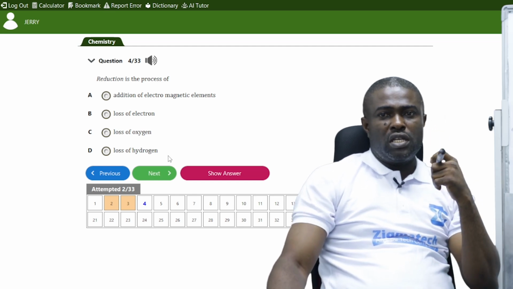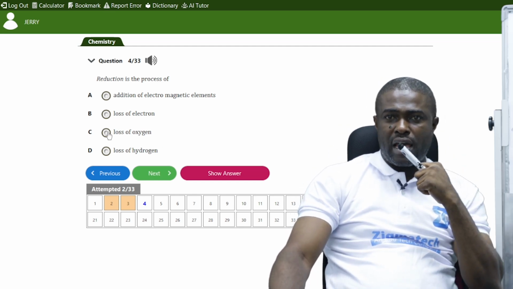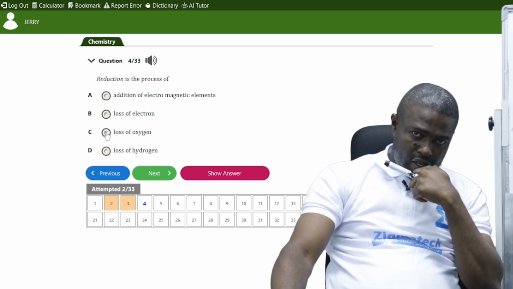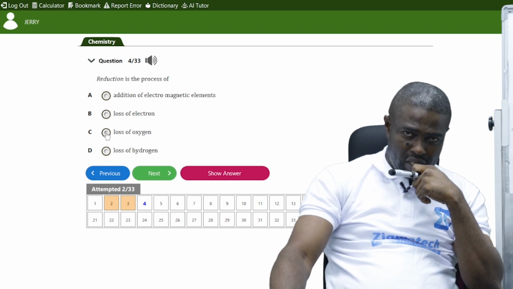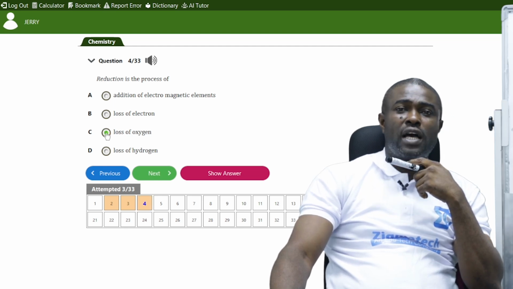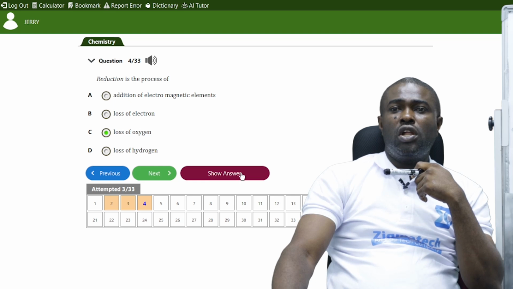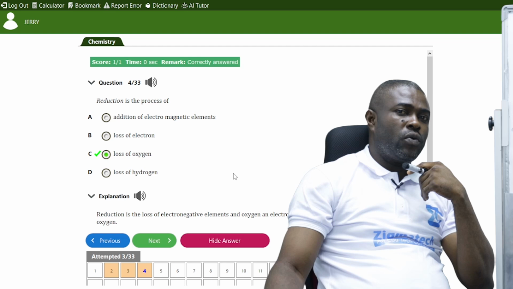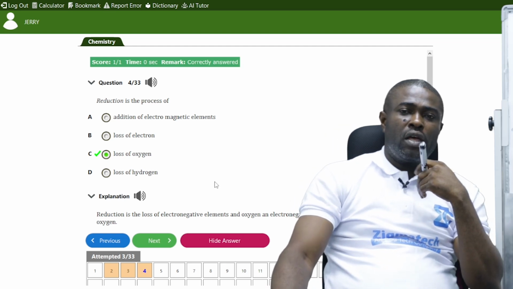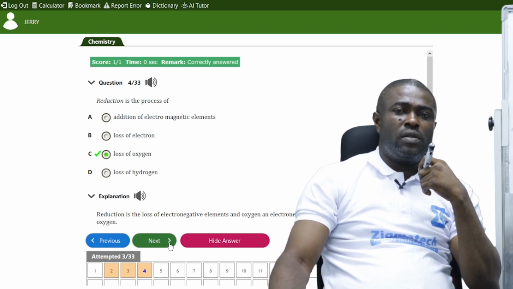Loss of hydrogen is oxidation. So the correct answer there is C. Loss of oxygen is reduction, while gain of oxygen is oxidation. Let's check. Loss of oxygen is reduction. Fantastic. We are there.